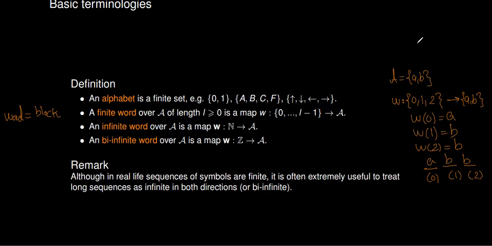So your word would be equal to A, B, B. And the length of one word would be the number of letter appearances in it.